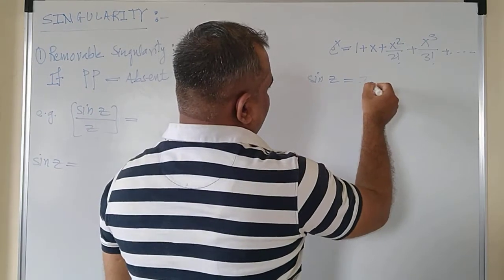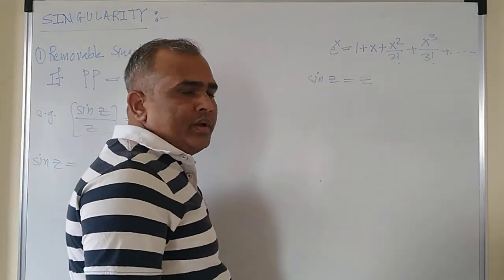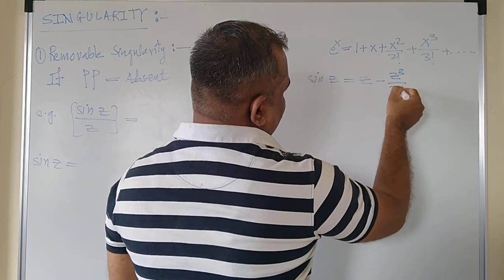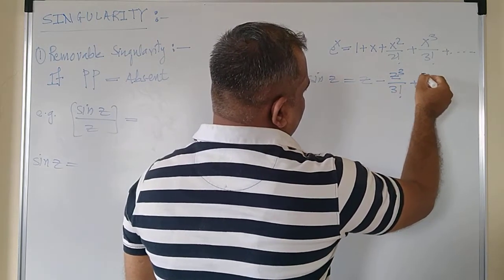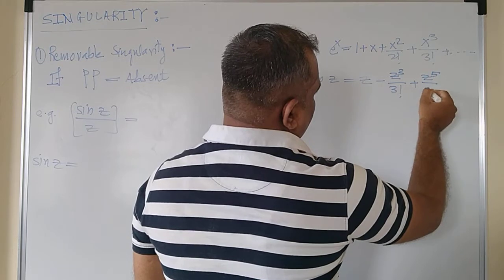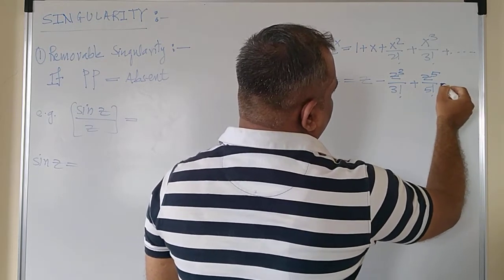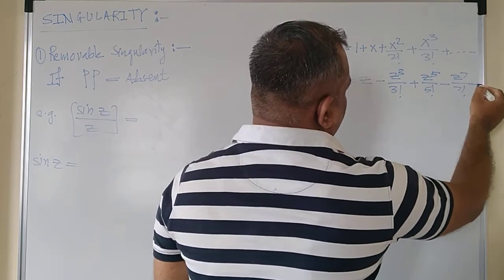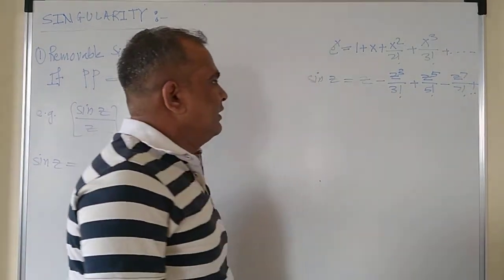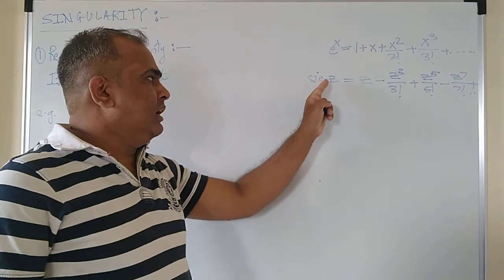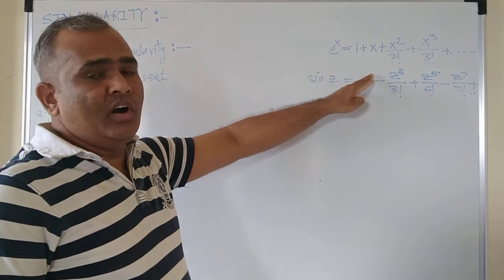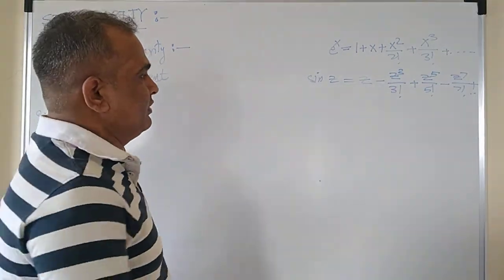So the first term will be z raised to power 1 minus z cube by 3 factorial plus z raised to 5 by 5 factorial minus z raised to 7 by 7 factorial plus dot dot dot in this way. The easy way to remember this is that being an odd function, it starts with odd powers and alternate plus minus signs.